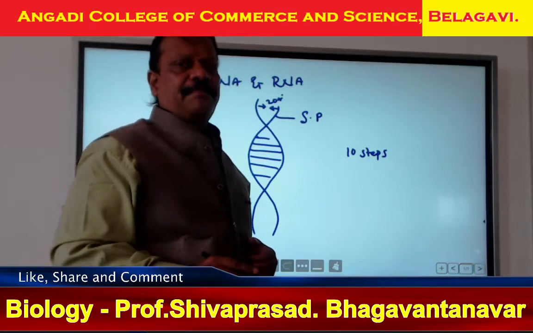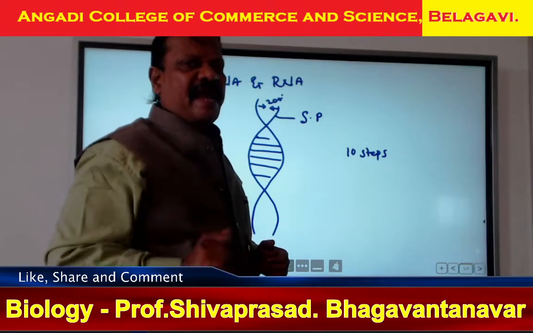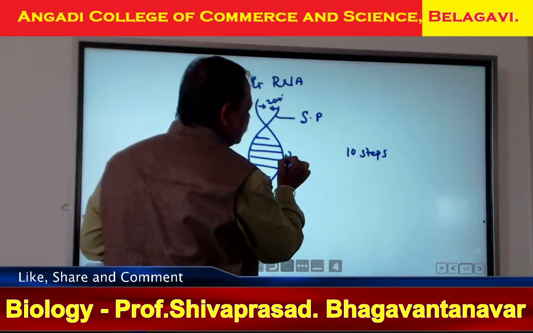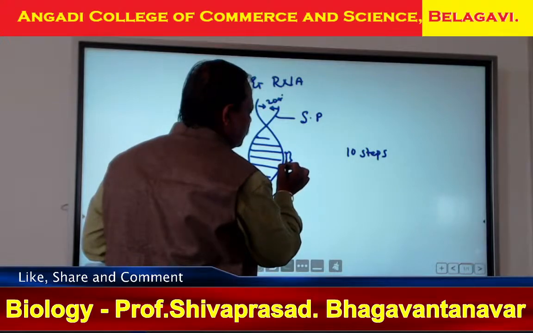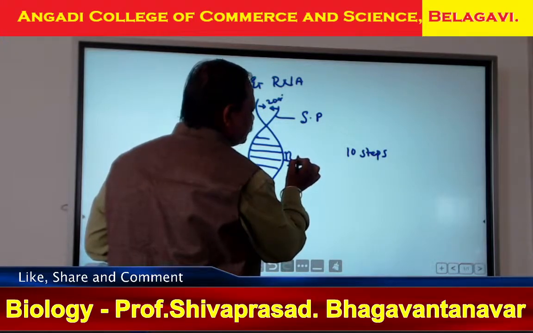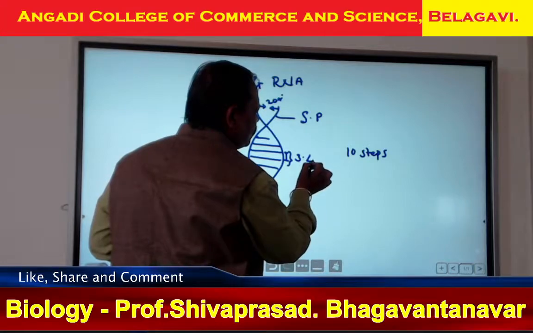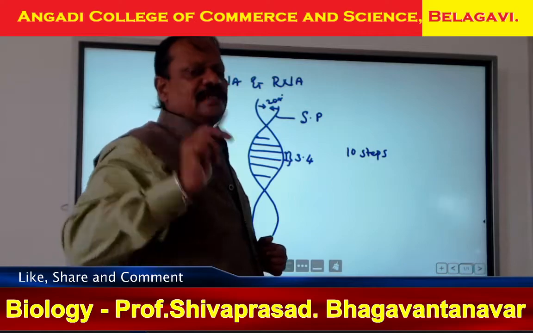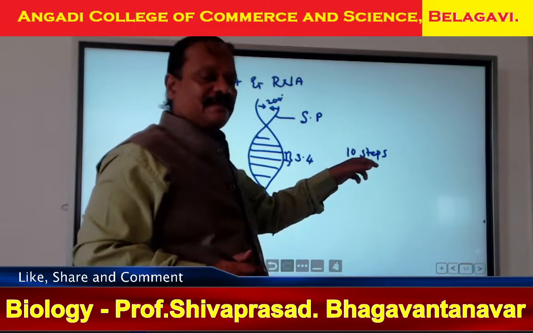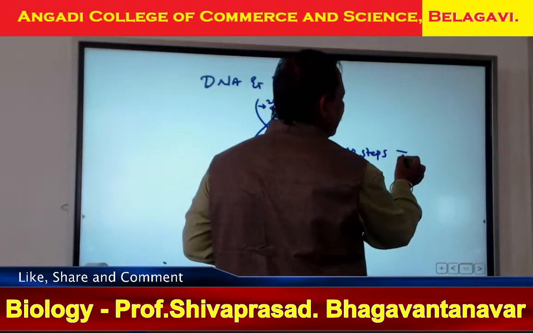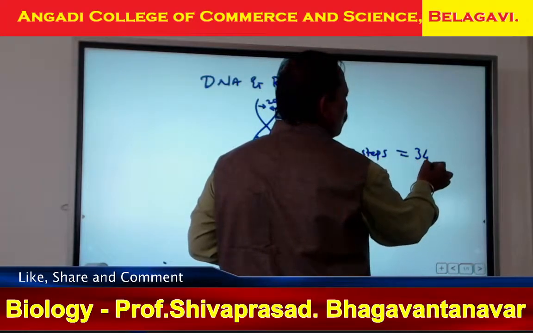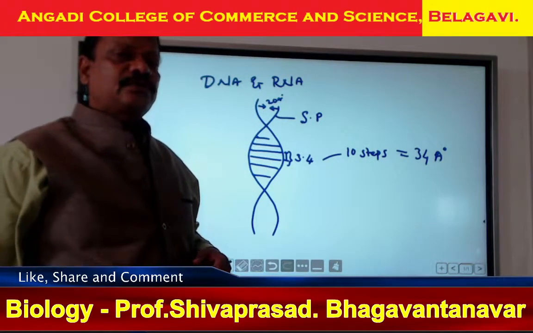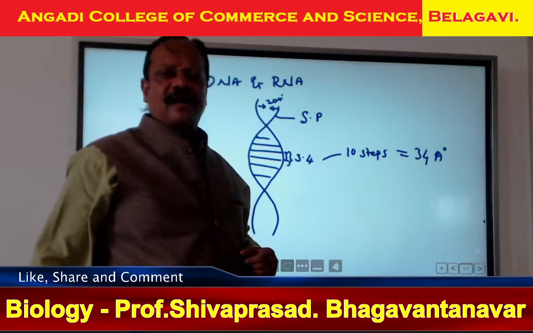And each step has a space of, if you observe from here to here, 3.4 angstrom. So the total of 10 steps is equal to 34 angstroms. In this way, you observe the total calculation.